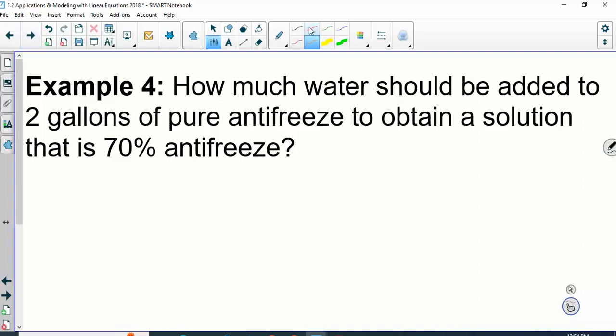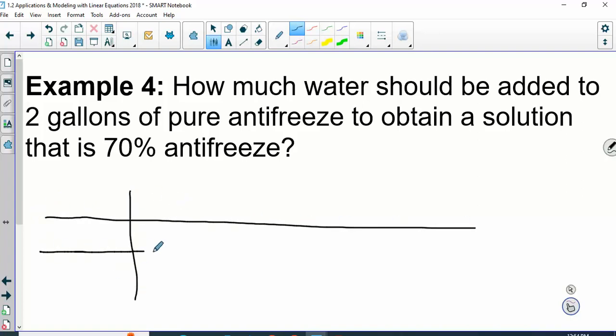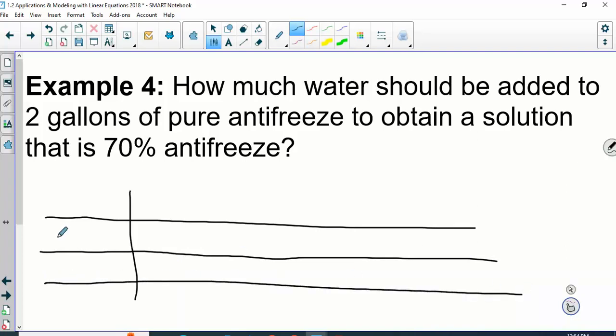So when I make my tables, my rows are the things that I'm mixing together. So I'm adding water to my pure antifreeze to get my mix.